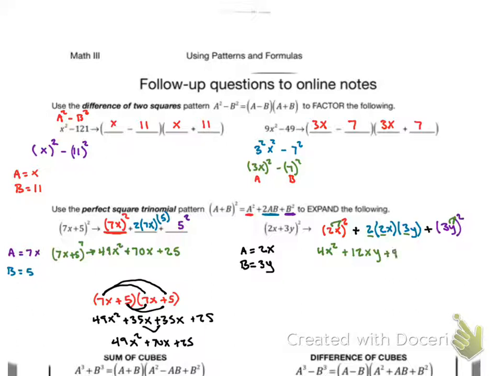That gives me plus 9y squared. And that is your expanded form. So remember, you can, again, check your work. I'm not going to do it here, but 2x plus 3y times 2x plus 3y. And you should get this answer here when you do your claw method.